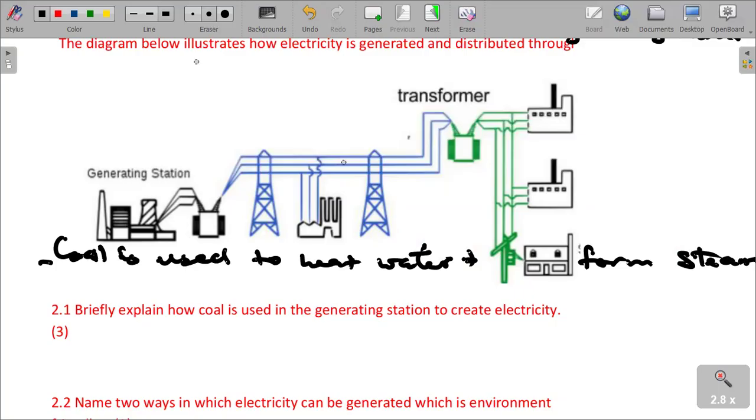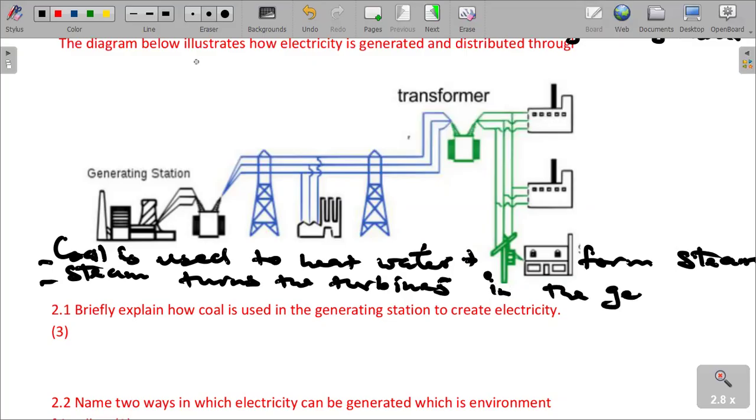The steam turns the turbines in the generator.